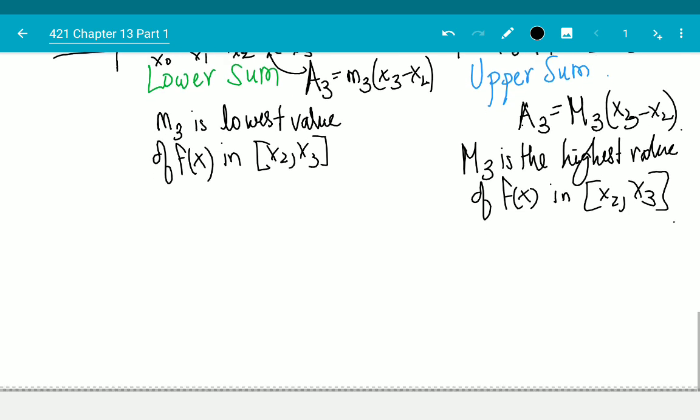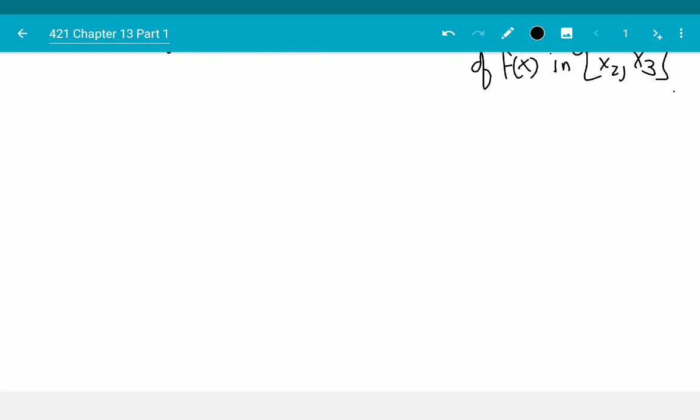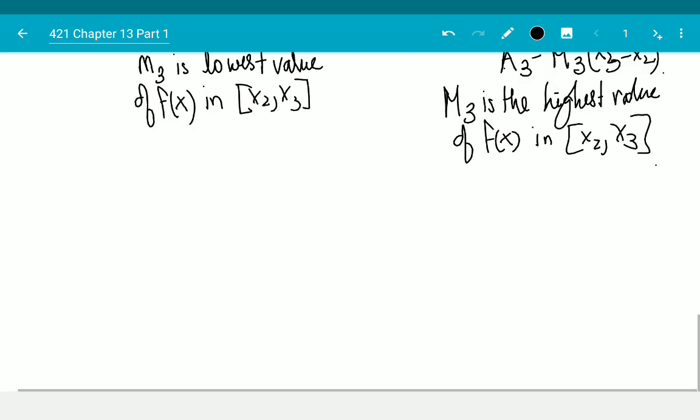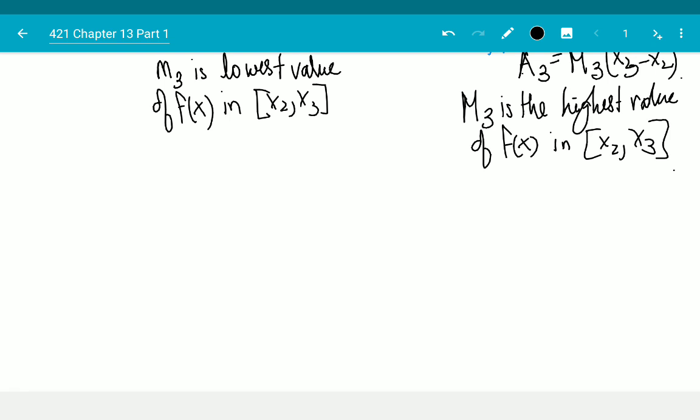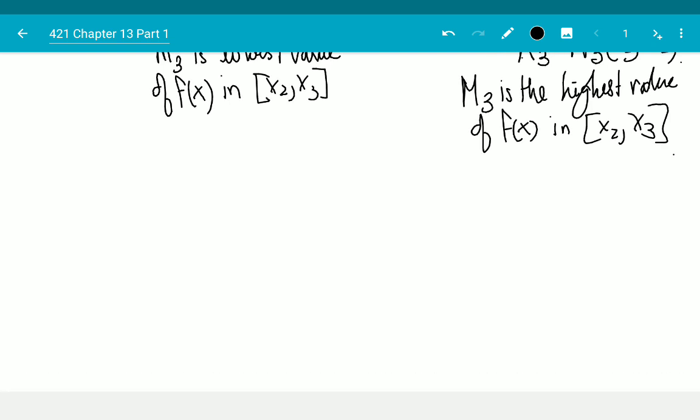This is how I'm constructing the upper and lower sums. So let me define a good way of writing these. I don't want to write this as some sum with numbers like f3, m3, and ask how do I find them. Let me write a good way.